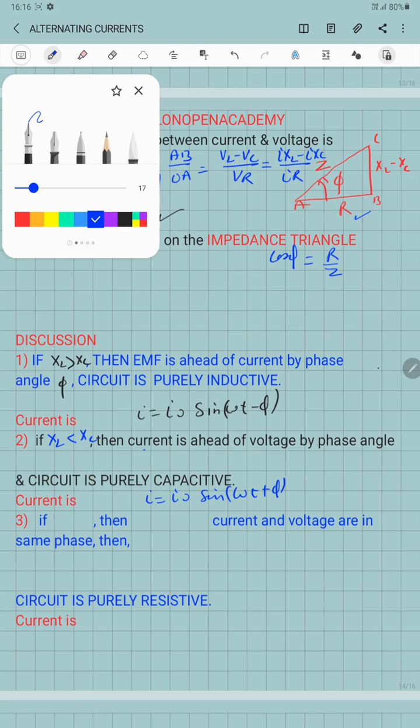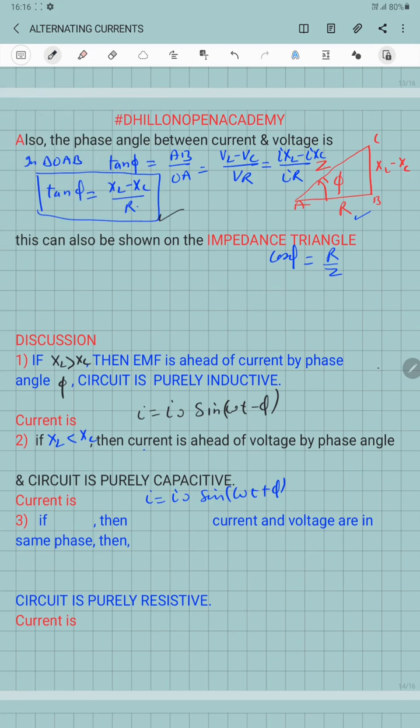But if XL somehow becomes equal to XC, inductive and capacitive reactances equal to each other, in that case XL minus XC will be equal to 0. Phi will also be equal to 0. This means that current and voltage will have zero phase angle, that means they will have the same phase. In that case, the circuit will become a resistive circuit.